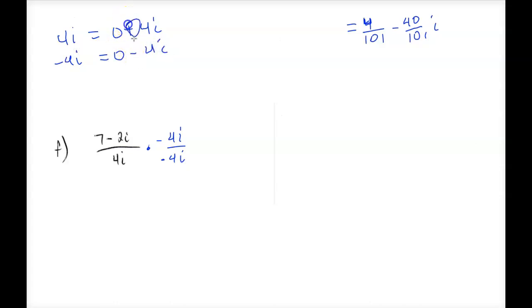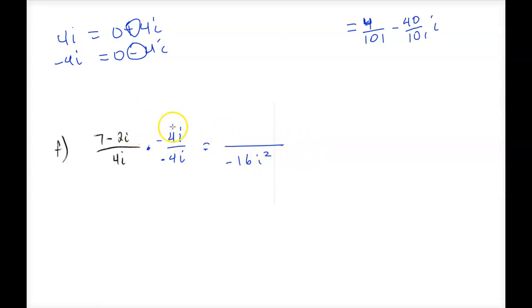And of course, conjugate just means that everything is the same except for those signs. So here, since we just have the imaginary part, it's easier to just multiply these together. So 4 times a negative 4 is negative 16. And then, of course, i times i is i squared.